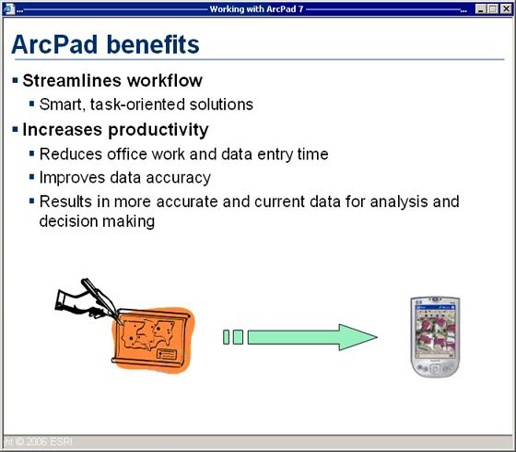It eliminates the major portion of office work previously required. More importantly, it improves the accuracy of the field GIS data, resulting in a more accurate and current database for analysis and decision-making. This is a major benefit of mobile GIS applications.